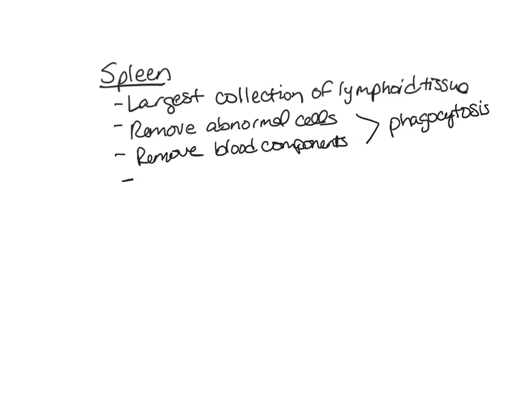The spleen also stores iron. So after red blood cells have lived 120 days and they die, then the iron from the heme groups will be stored in the spleen. And then lastly, what the spleen does is it initiates the immune response.